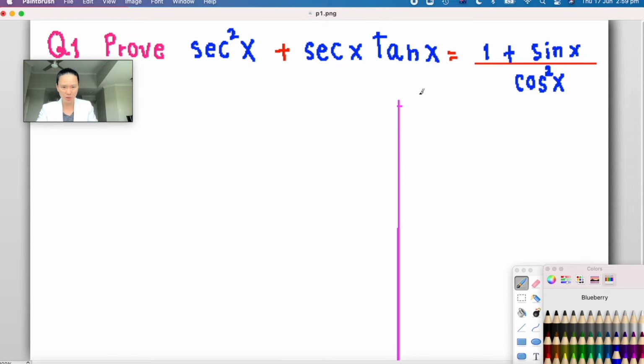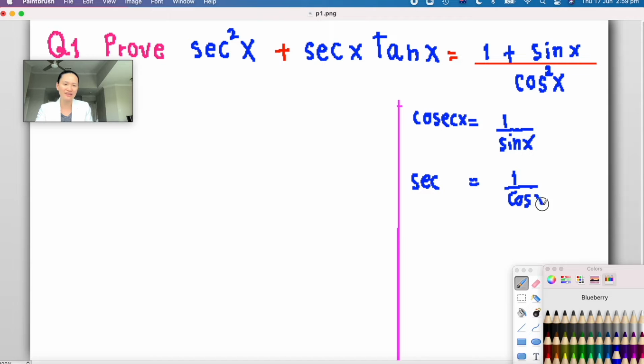Okay, now we know that cosec equals 1 over sine. Cosec x equals 1 over sine x. Sec equals 1 over cos x.